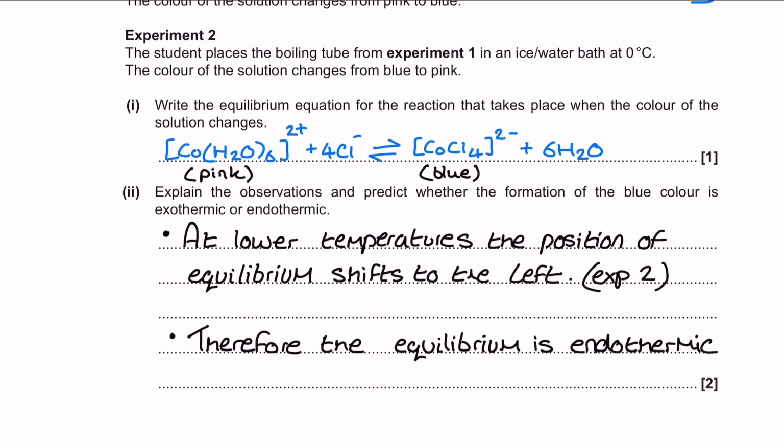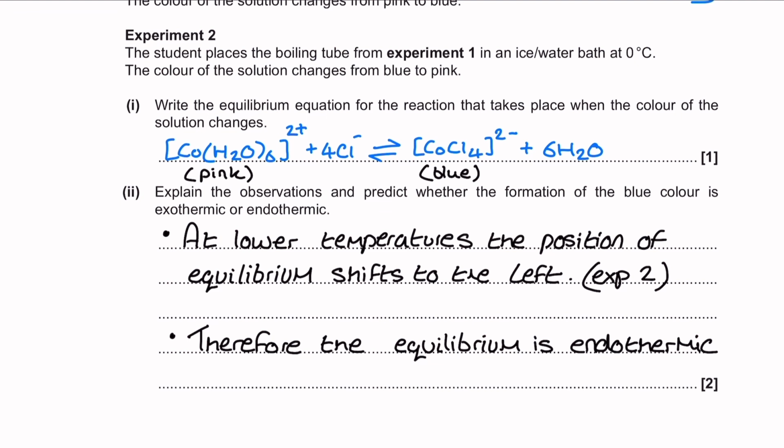Explain the observations and predict whether the formation of the blue colour is an exothermic or an endothermic process. So the formation of the blue colour is the left to right direction. That's what we're focusing on here. Well, I would say that at lower temperatures, the position of equilibrium shifts to the left. And whenever you move to a lower temperature with an equilibrium, you're going to shift in the exothermic direction.